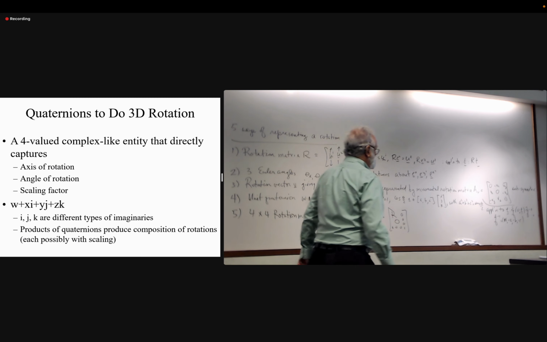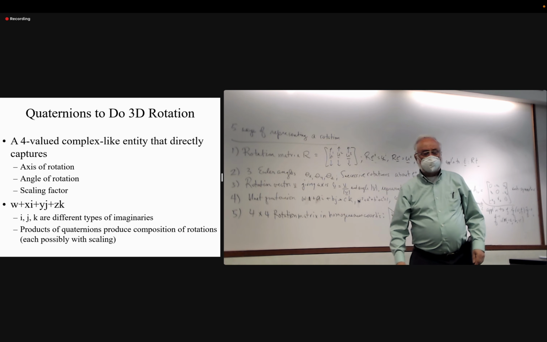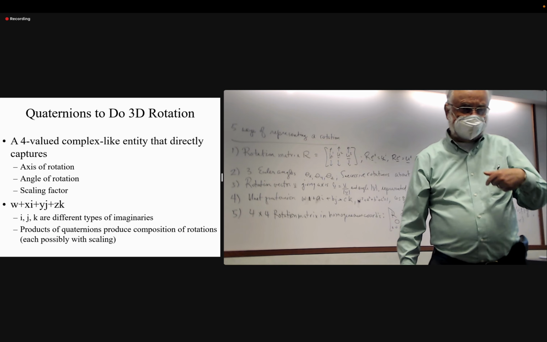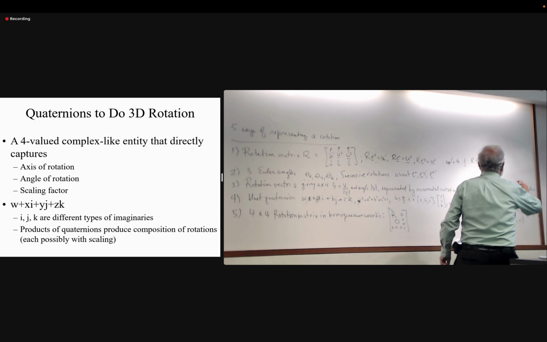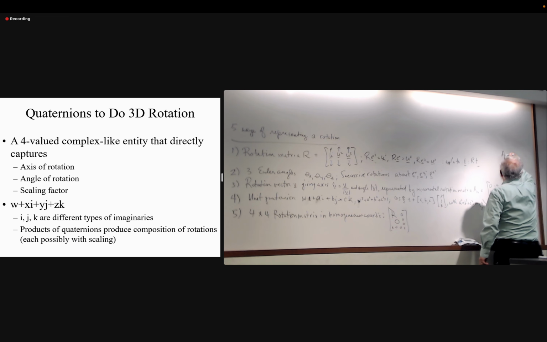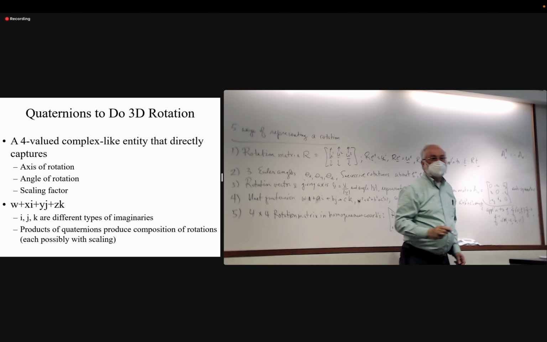Okay. The AV matrix is an antisymmetric matrix. An antisymmetric matrix has the relationship that A transpose is minus the matrix.